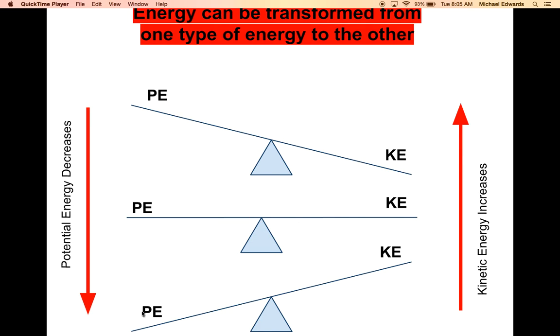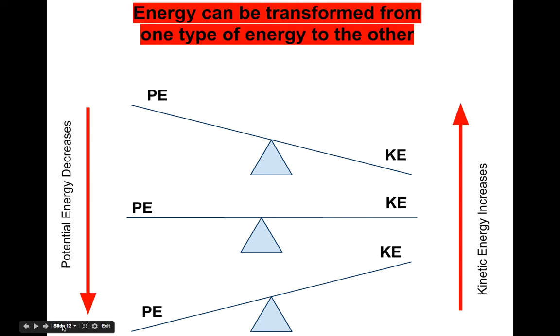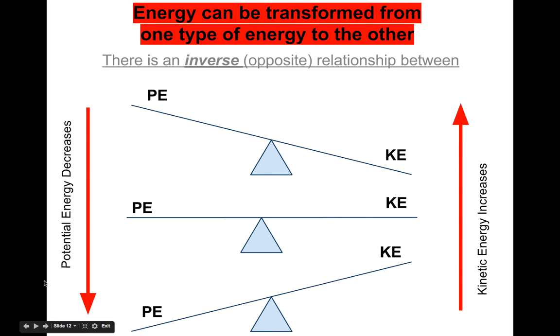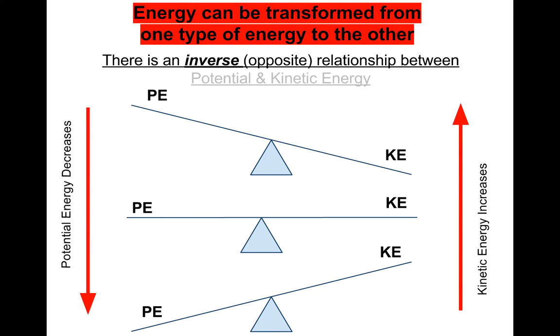And then as this one gets to the bottom, it's going to have zero potential energy, all of its energy converted and transformed into kinetic energy. So an inverse relationship, opposites.